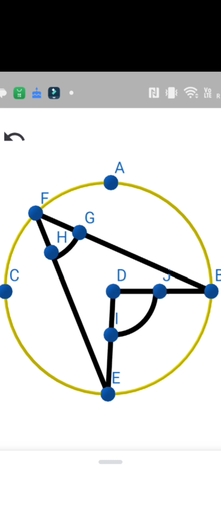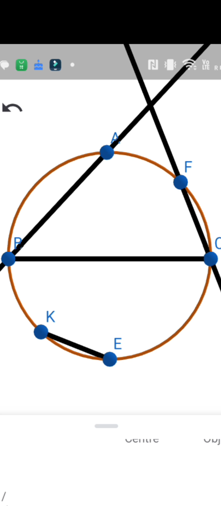So here angle D is twice of angle F, or we can say angle F is half of angle D. But here the condition is that we are subtending the angles through the same arc, that is EB here.